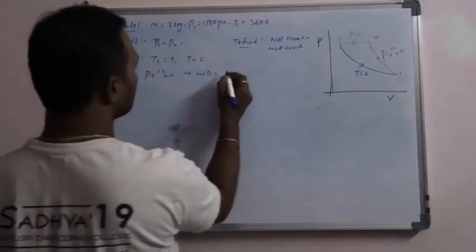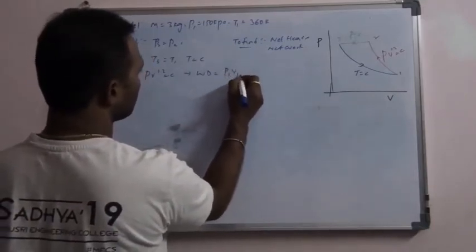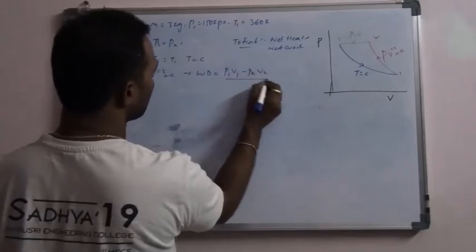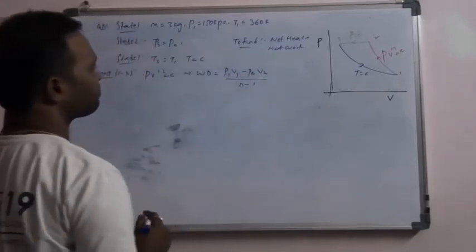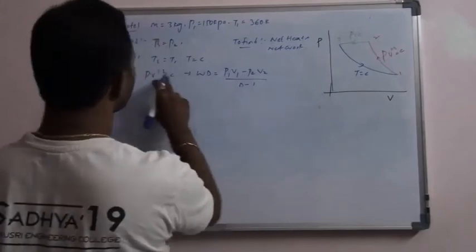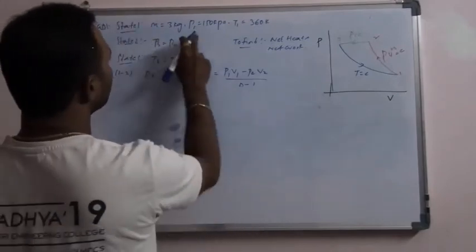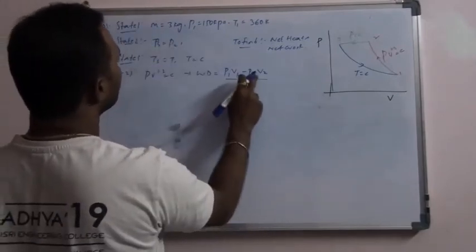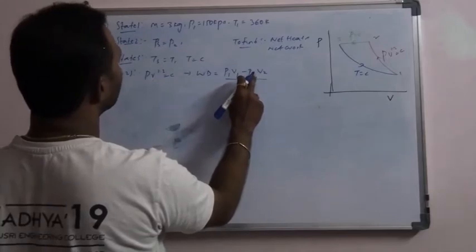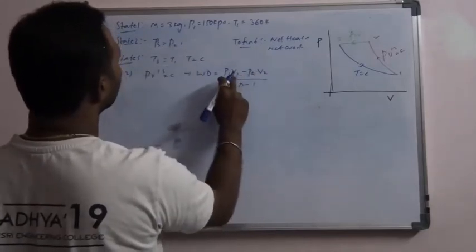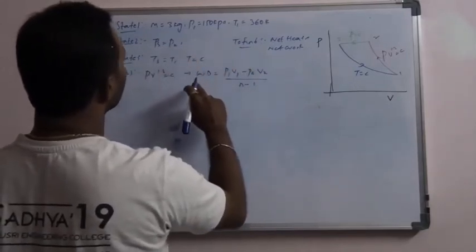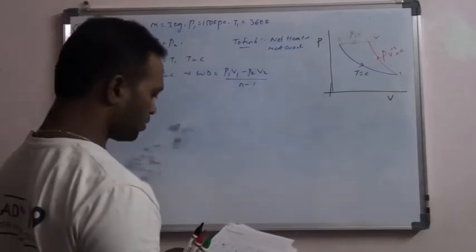So work done in a polytropic process, as you know, is (P1V1 minus P2V2) by (n minus 1). Here n is given as 1.2 and P1 is given as 150, and P2 we need to calculate. Is V1 given in the problem?